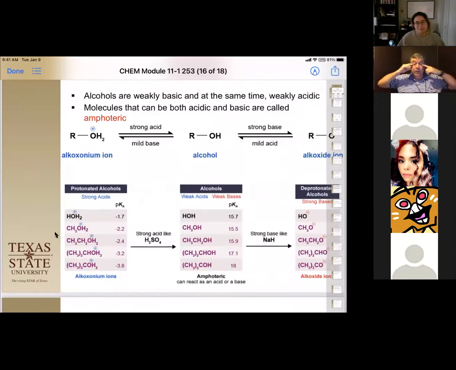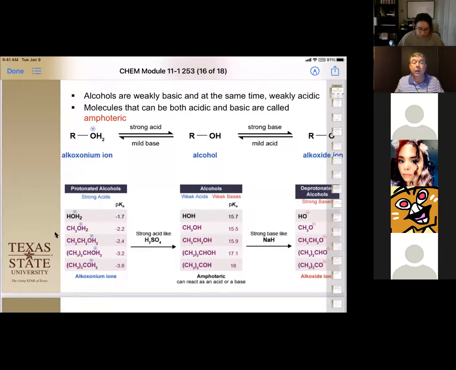All right. So alcohols, we know, are weak acids, but they're also weak bases. Now, that's actually to our advantage, because if you protonate an alcohol, it becomes a strong acid. And if you deprotonate your alcohol, it becomes a strong base.